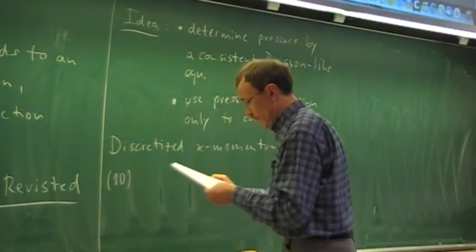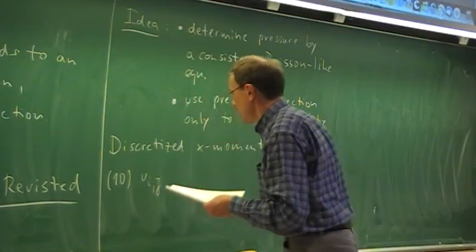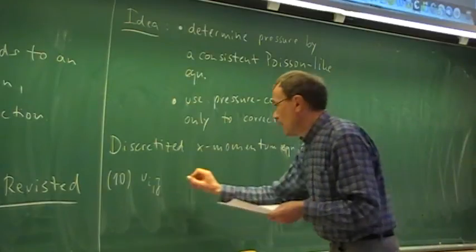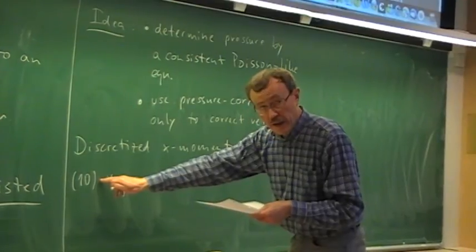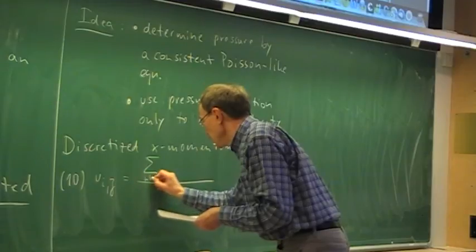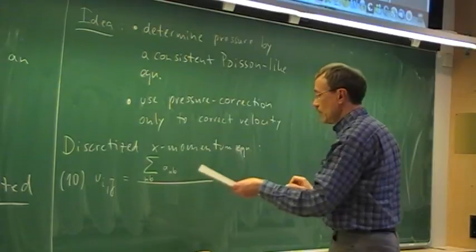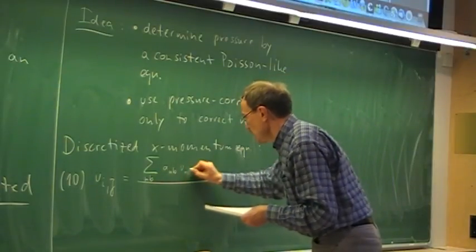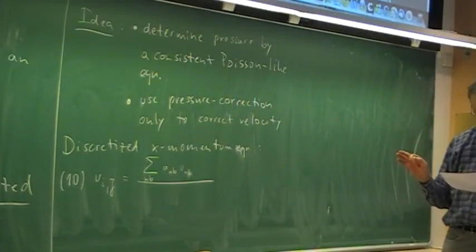The u lowercase i, capital J, remember we are always discussing this in an unstaggered grid, is equal to, we divide by the coefficient that is sitting here, the a_ij. So then we get here the sum over the neighboring coefficients times the velocity. So we look at the discretization of the x-momentum equation itself.